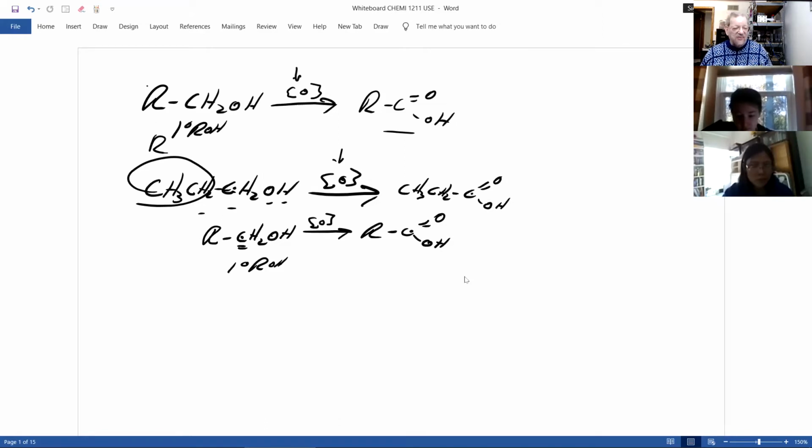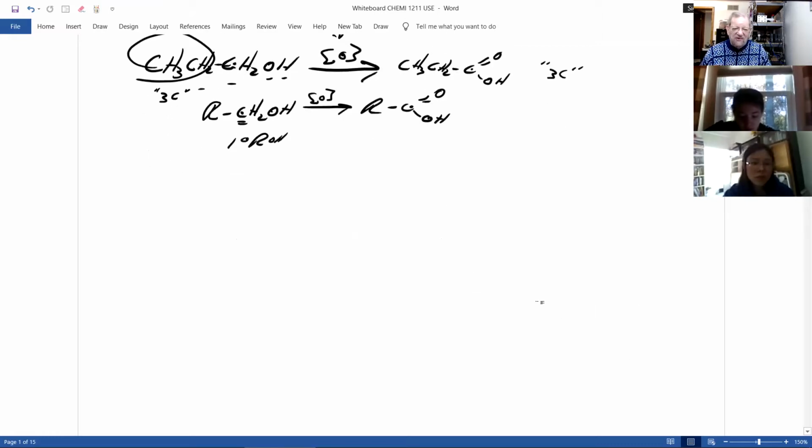Now, notice you start with 3 carbons. You better end up with 3 carbons because this does not break carbon-carbon single bonds in this reaction. And that's always a good tip to remember. Do you break carbon-carbon single bonds? No. Oh, let's do one more.